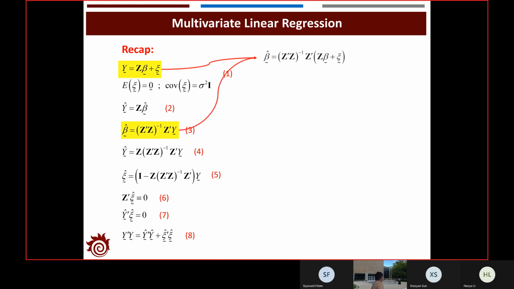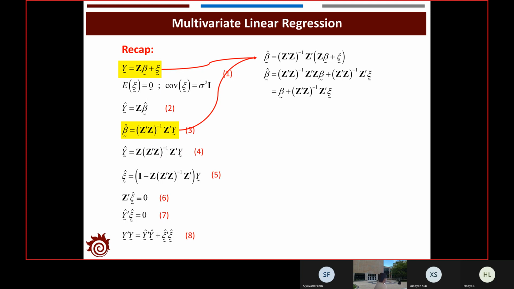And now let's see what happens if we apply the formula of y. We know that the true value of y is a linear function of beta and the actual random variable epsilon. So if we put y in this equation, beta hat also becomes a random variable.